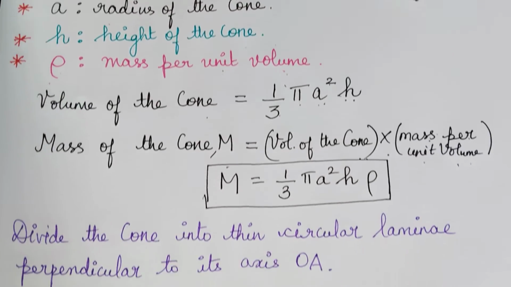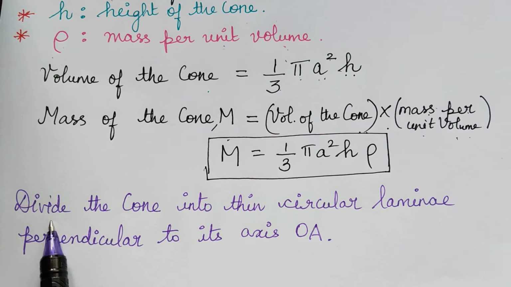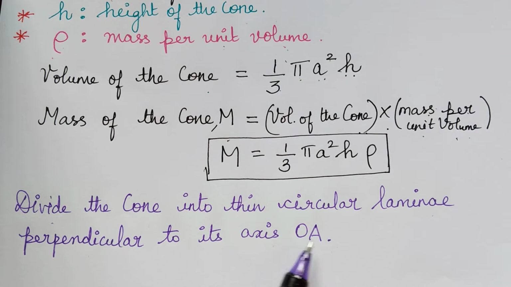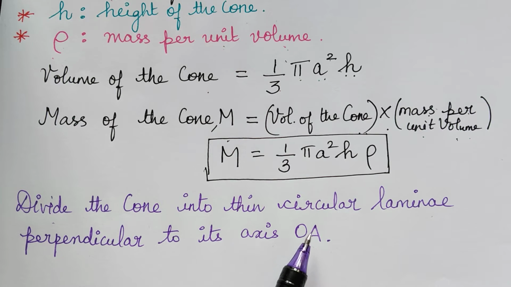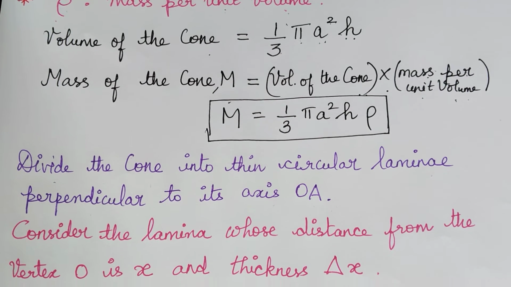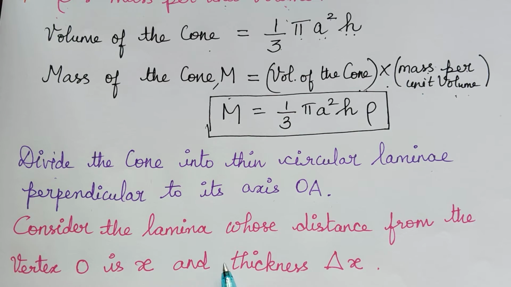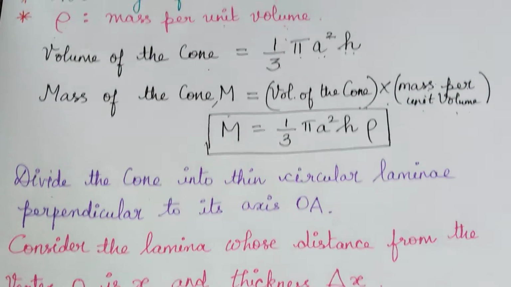So, divide the cone into thin circular laminae perpendicular to its axis OA, and consider the lamina whose distance from the vertex O is x and its thickness is delta x. That is what I showed here.